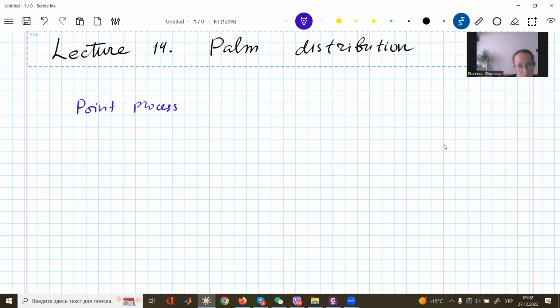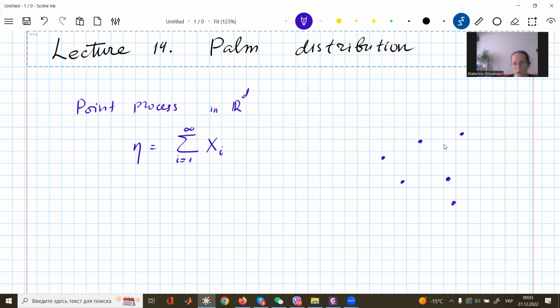So assume that we have a point process, let it be in R^d for simplicity, of the form: we have some number of points x_i, so I can just enumerate them. And one of the important properties of a point process is to understand the joint positions of those random points.